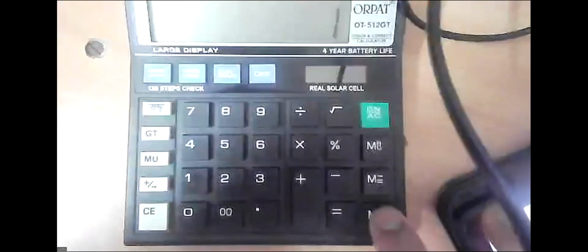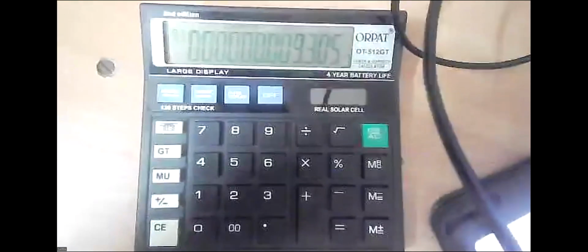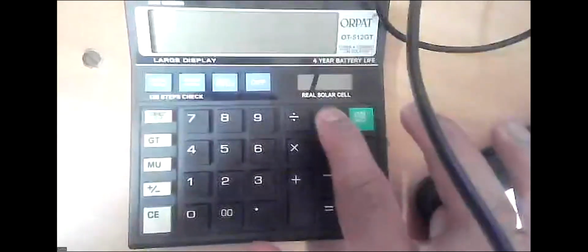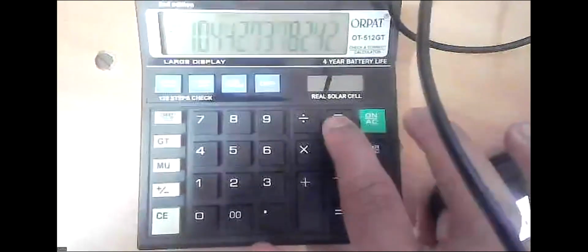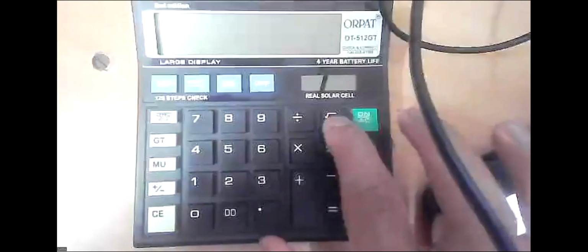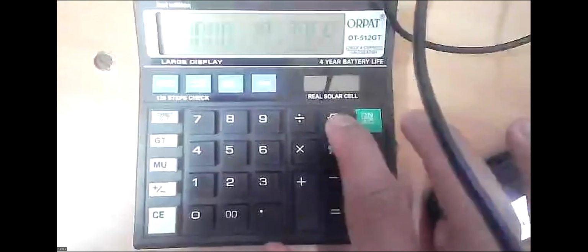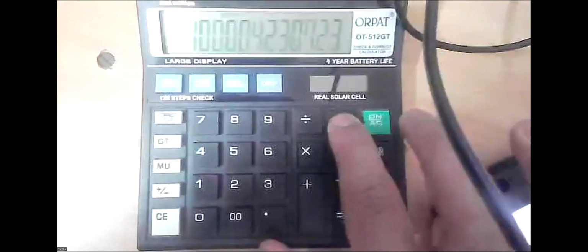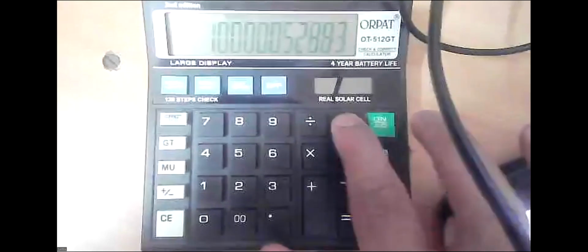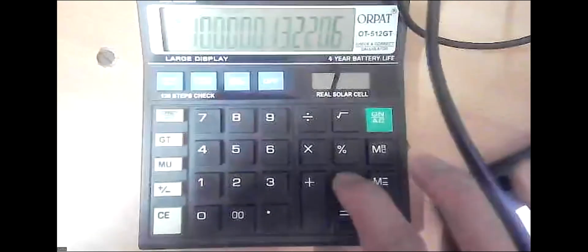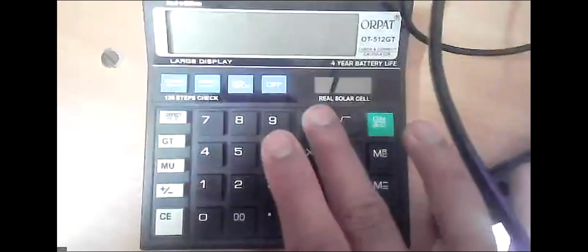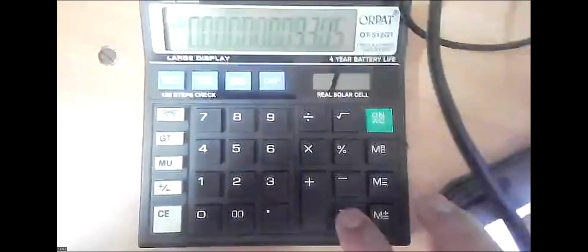Minus 1, M plus. Now let me do the numerator. 2 under root, 19 times, minus 1, divided by MRC, equals to.